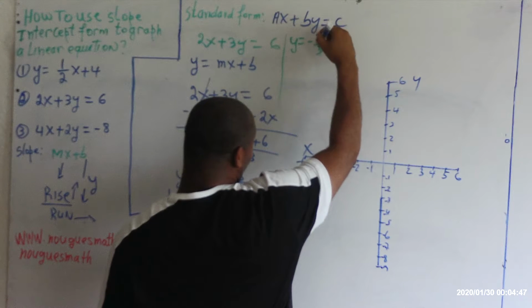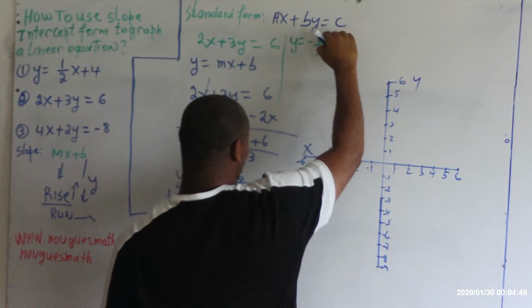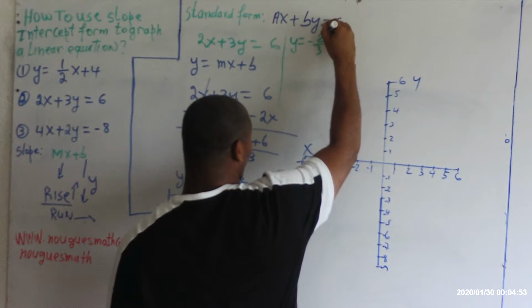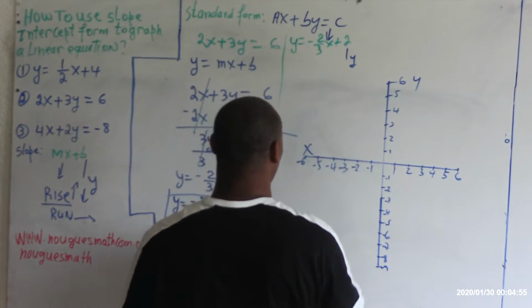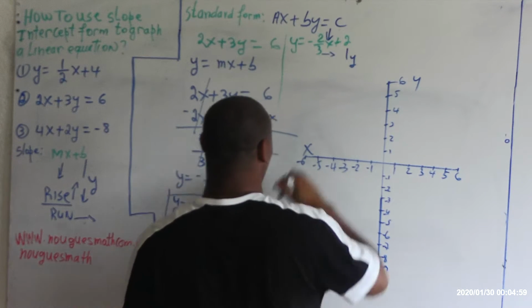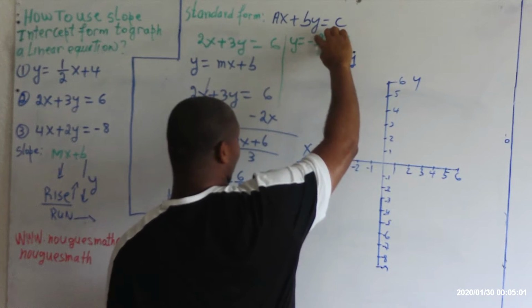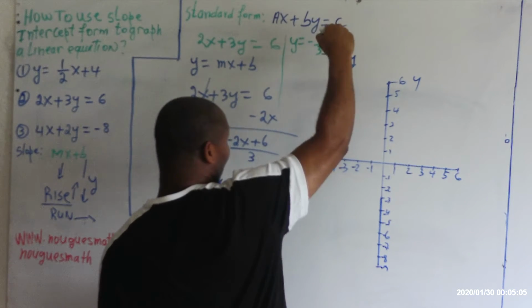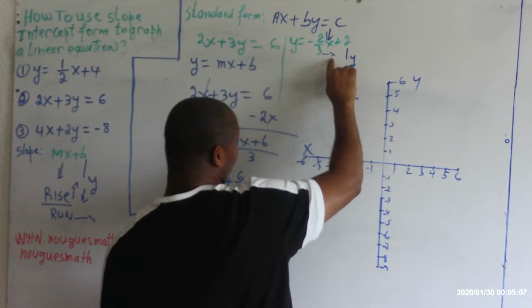Remember, this is going to be down, and this is going to be to the right. That's all you have to remember. Because we have a negative 2 right here, it's going to be down. And this is going to be to the right.